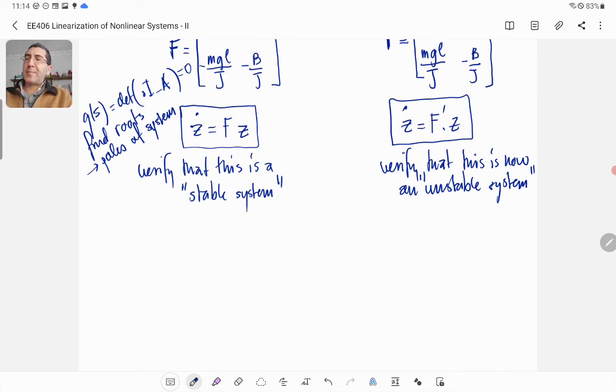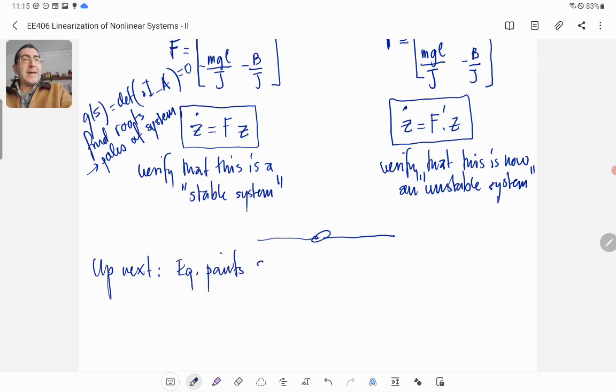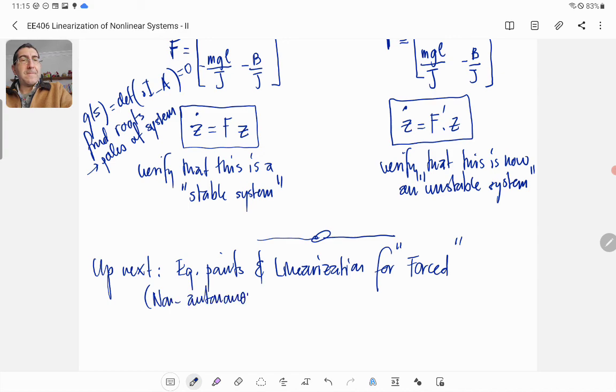So that completes our example. Let's break the video at this point. Up next, we will start discussing equilibrium points and linearization for forced or non-autonomous systems, specifically systems with input.